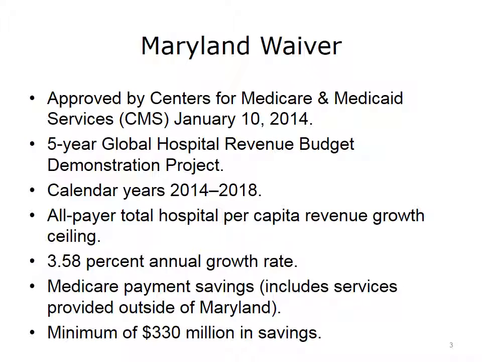Maryland is unique among the 50 states in that it had previously obtained a waiver from CMS for an all-payer system. An all-payer system is one in which all payers, Medicare, Medicaid, and private insurers all pay the same rate for hospital-based service. In the other 49 states, these different payers all pay different rates.